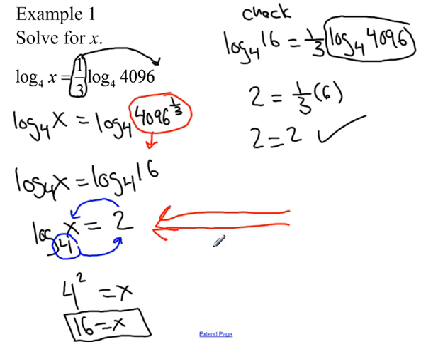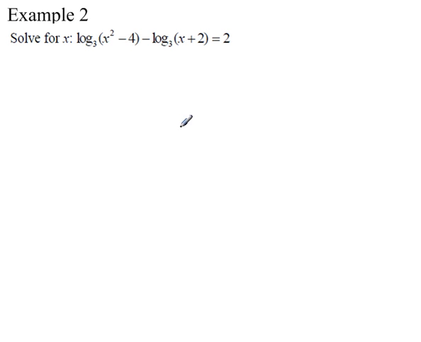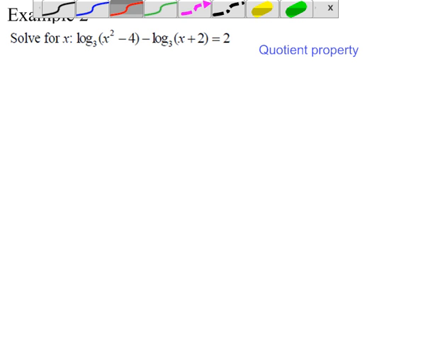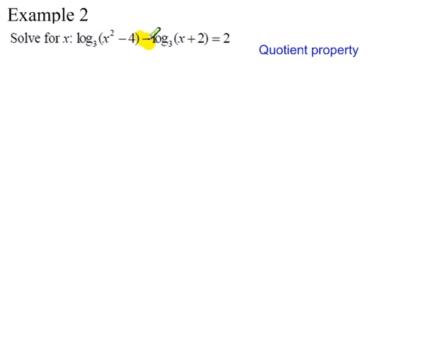We went here, we rewrote it as an exponential, and we got this. So that's our goal. But before we rewrite it as an exponential, we have to do a little rewriting, as I said earlier. There is a quotient property here that we can use because of this subtraction. So let's go ahead and use the quotient property.